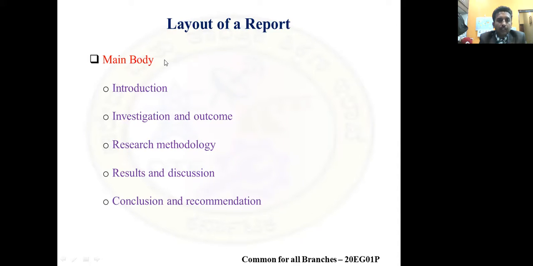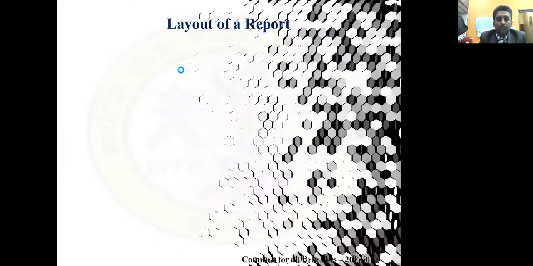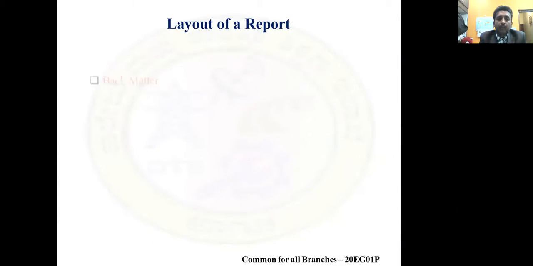Let's move to the third part of a report, that is back matter. In back matter, the first one is reference. Here it is not only customary but also essential to give credit to works which one has used or quoted in a report.